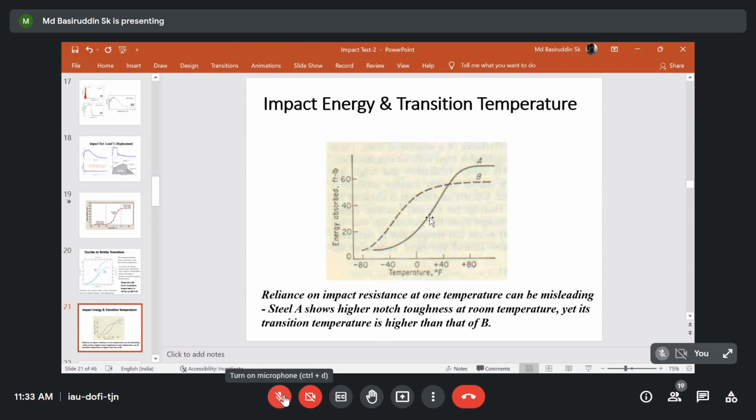Okay, but sometimes the DBTT will be misleading because of the high upper shelf energy.